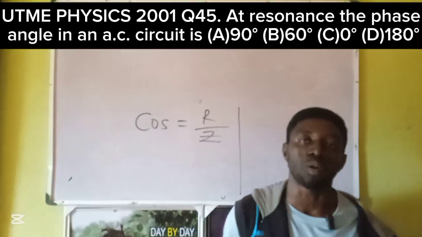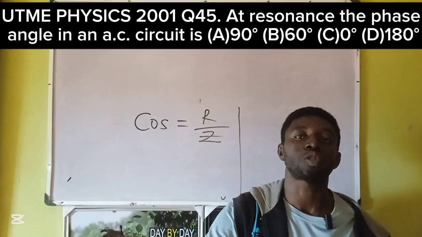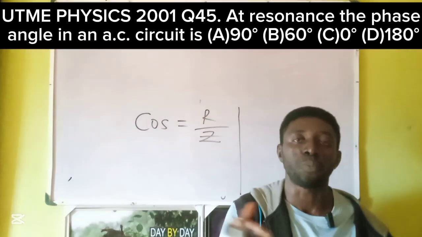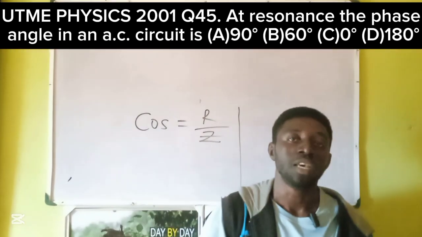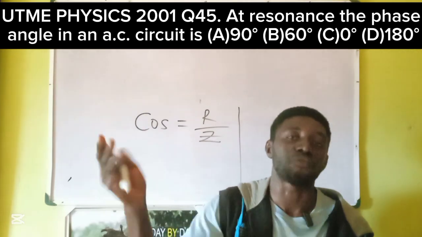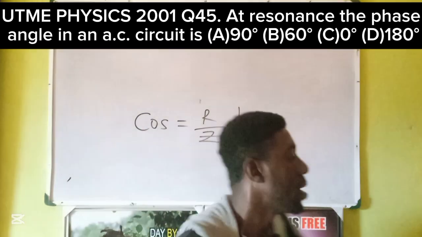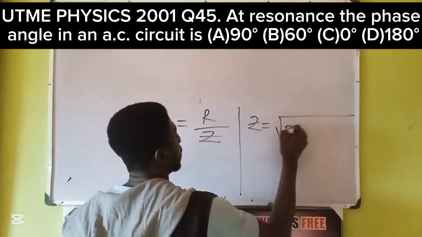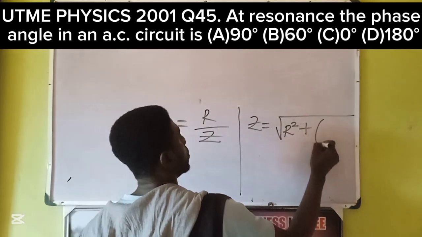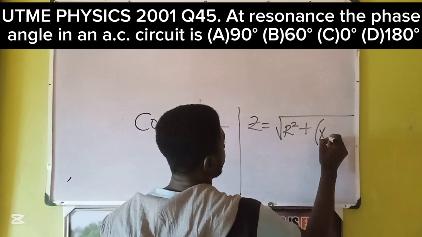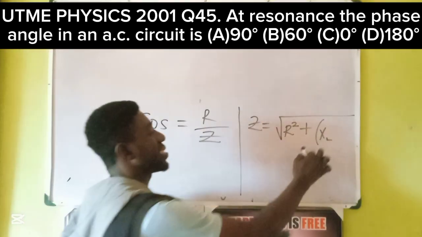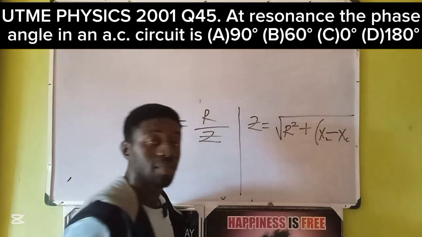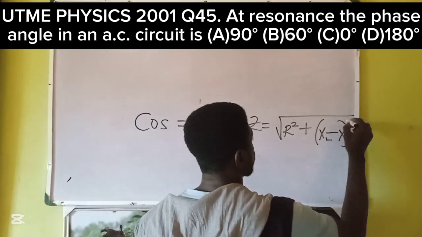I made mention of something earlier. A circuit diagram that contains a resistor, inductor, and capacitor can also be at resonance. How? I have to manipulate the inductive reactance to cancel the capacitive reactance, and the only way is to make them equal. To get the impedance, Z is given as the square root of R squared plus open brackets, XL, the resistance of an inductor, minus XC, the capacitive reactance, all squared.